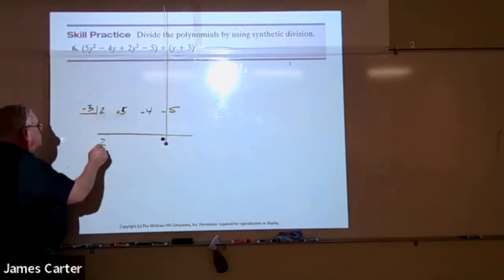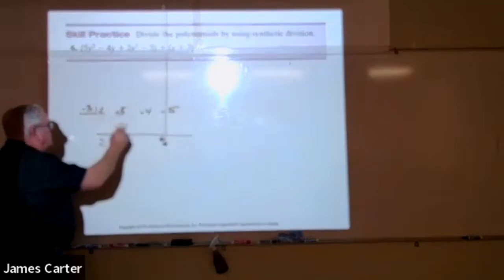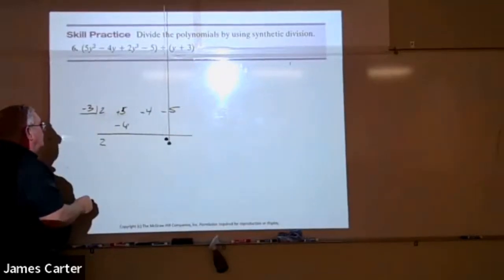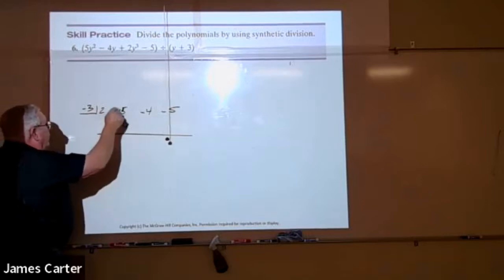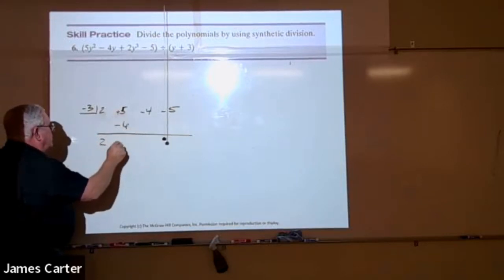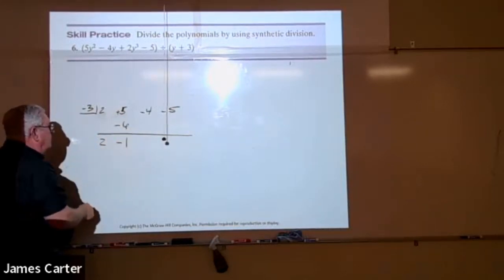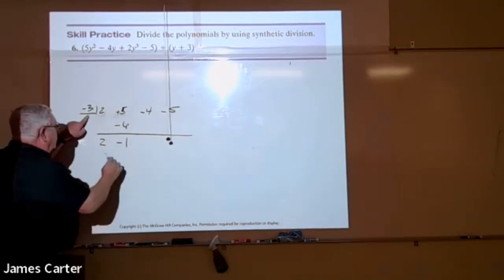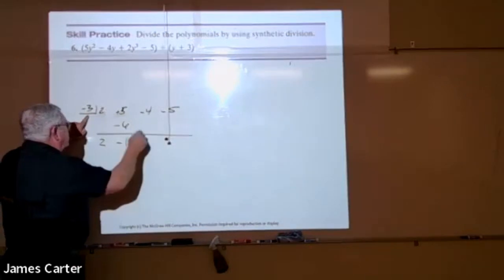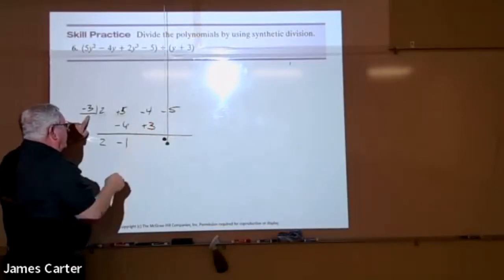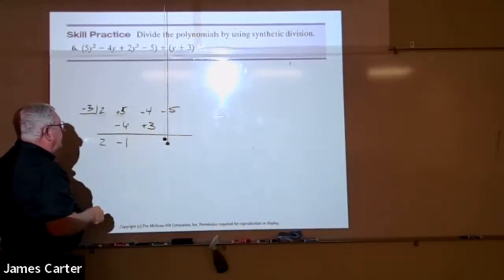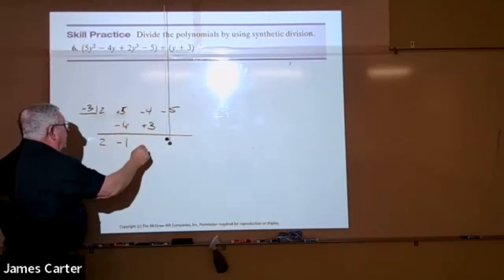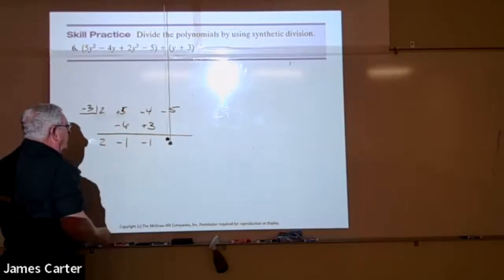Negative 3 times 2 is negative 6. 5 and negative 6 gives me negative 1. I add down. Negative 3 times negative 1 is positive 3. I add down. Negative 1.